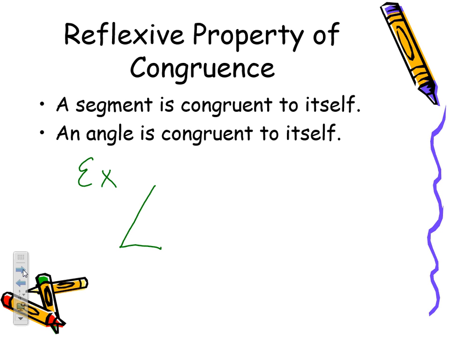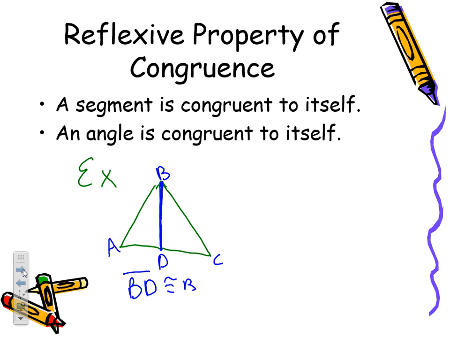If we're talking about two triangles, and they share a side like this right here, this side they share is a reflexive. So this is A, B, C, and D. That would mean that BD is congruent to BD, because they're reflexive. Also, we want to talk about reflexive angles.